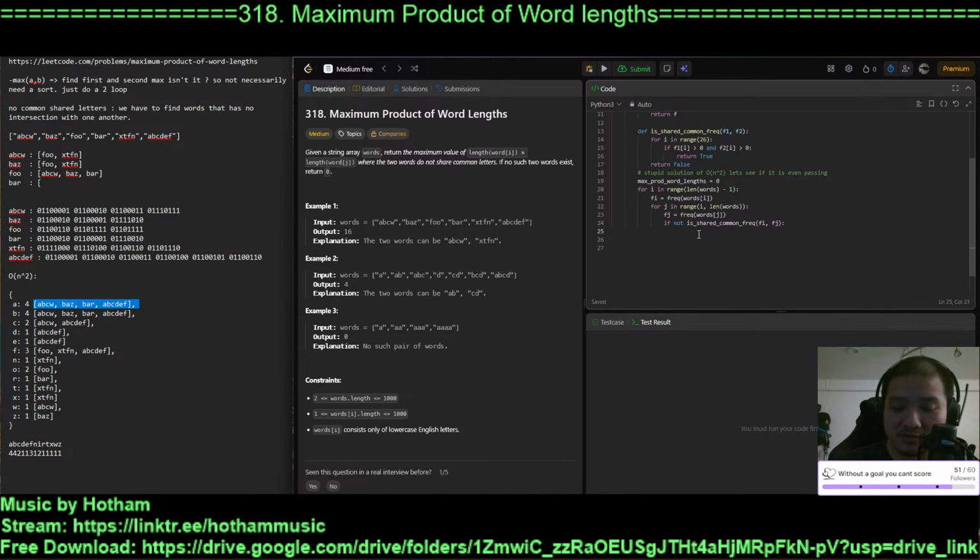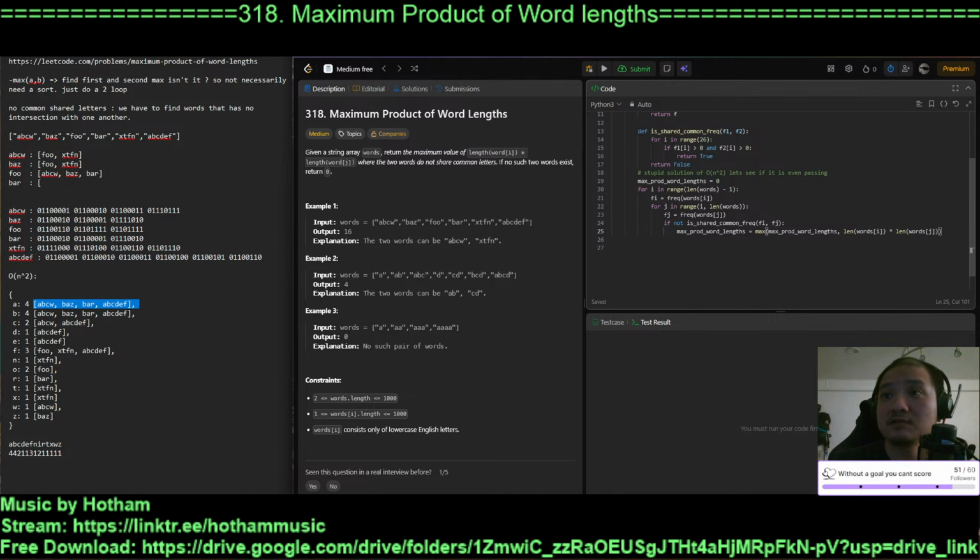It will be max, oh yeah, it's 0 already, word length basically equal to, let me copy this, and the result of multiplying the length of words i and word j, right?